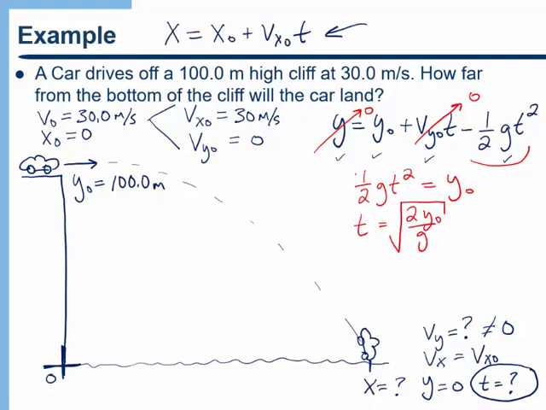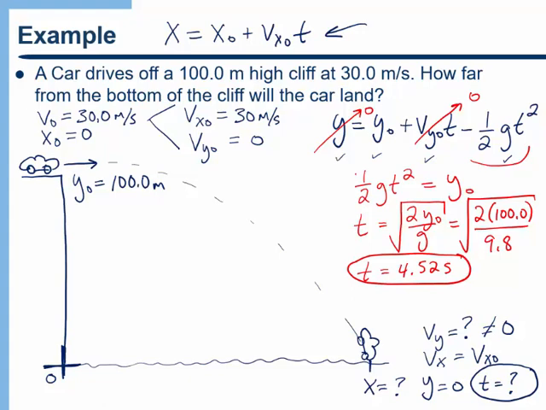By the way, we know that time can never be negative, so I don't need a plus or minus there, like I would if I were solving for something other than time. Plugging in the values, we have 2 times 100 divided by 9.8, and what we end up with is a time of 4.52 seconds.